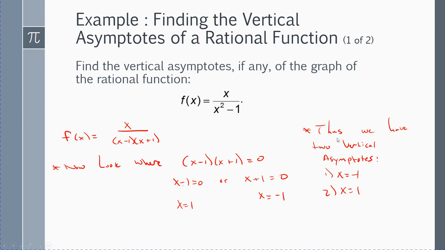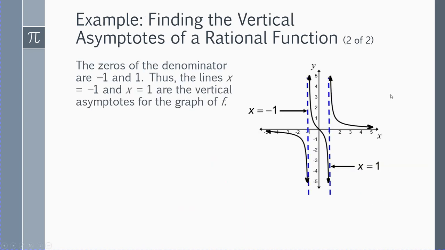And let me show you what the graph looks like here. The zeros of the denominator are negative 1 and 1. So when we go to sketch the graph, I'm going to go to x is equal to negative 1 and draw this dotted line. That's the first vertical asymptote, the line x is equal to negative 1.